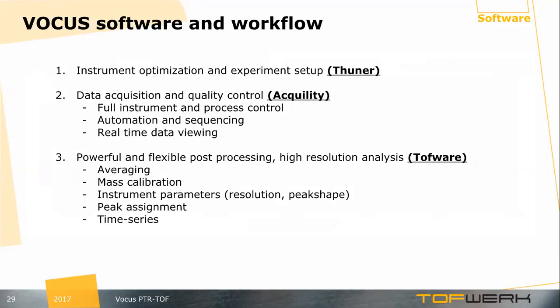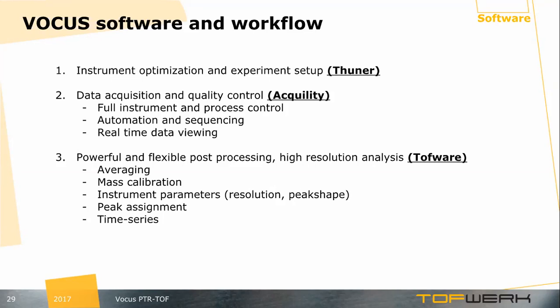So just to walk you through what this workflow looks like, basically you would start the instrument and optimize it, optimize the voltages and the tuning for your specific application. And so we'll cover this software called Thuner. Then while you're acquiring your data, you would use a software called Equality, which provides full instrument control, automation and sequencing.